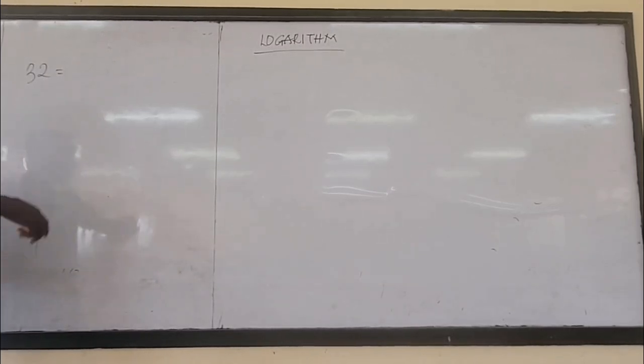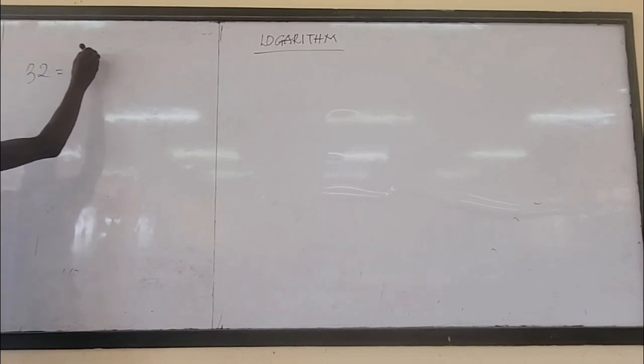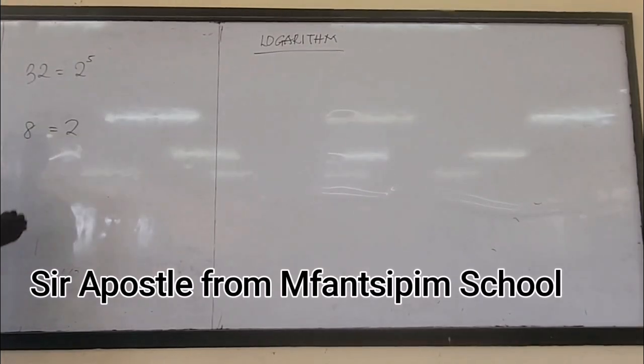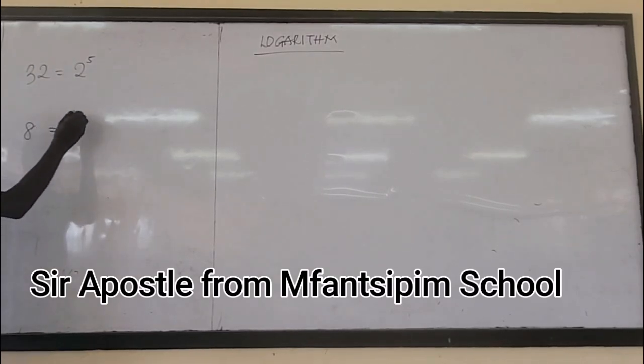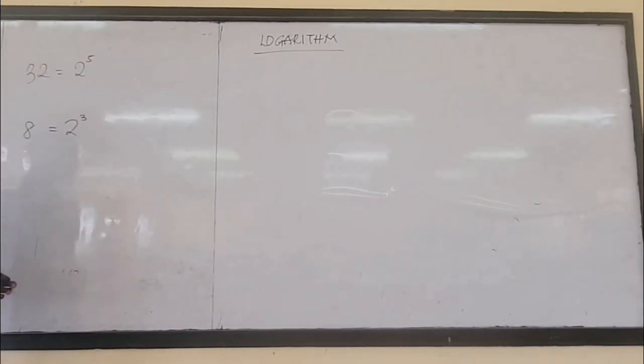So 2 can multiply itself 5 times to get 32. If I have a number like 8, 2 can multiply itself how many times to get 8? 2 can multiply itself 3 times. So this is the number 8 in index form or exponential form.